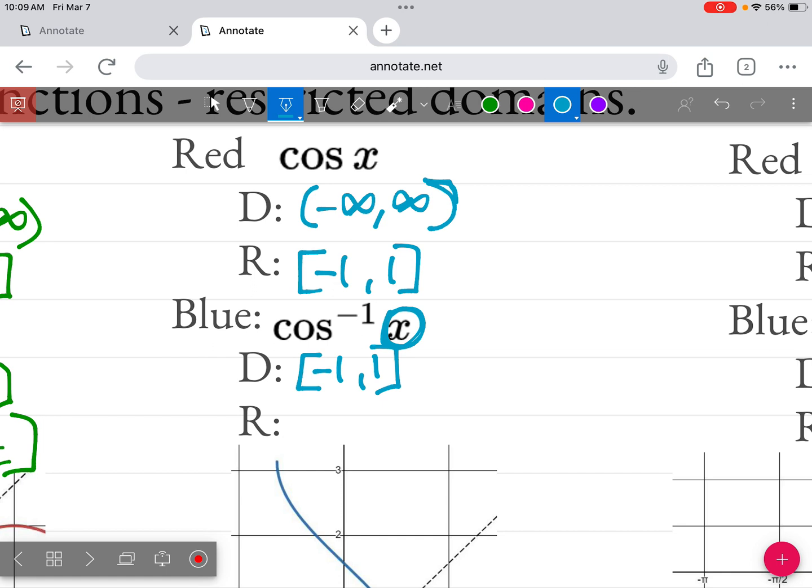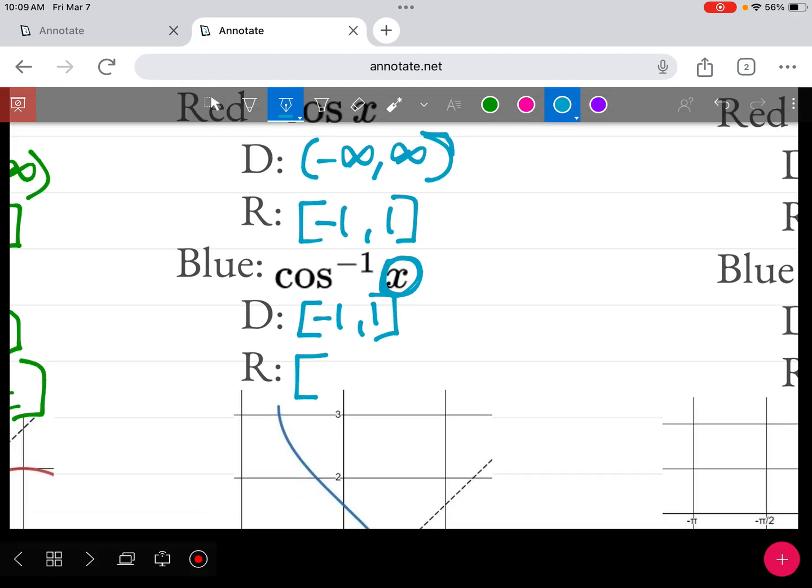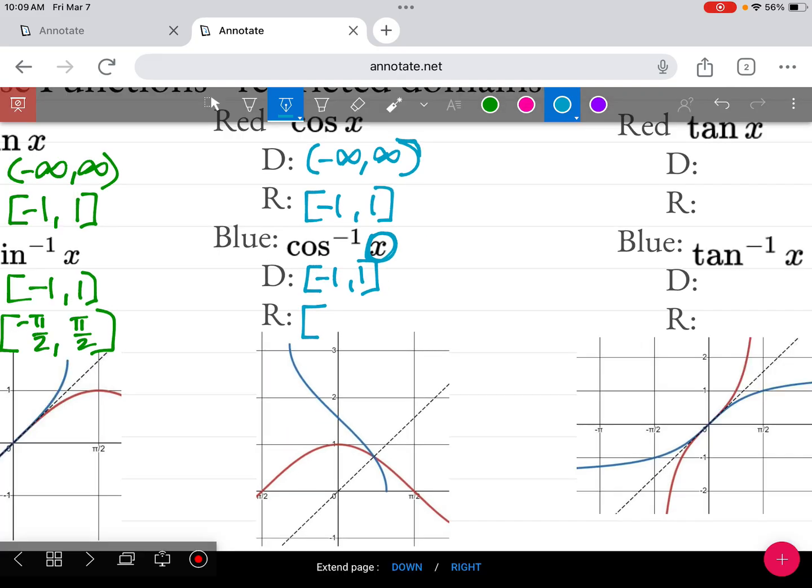To think through our range, we can think about what angle gives us a cosine of -1. Pi. What angle gives us a cosine of 1? 0.